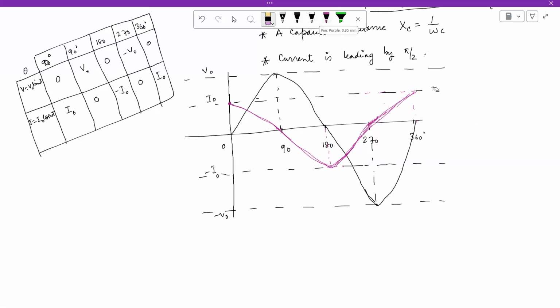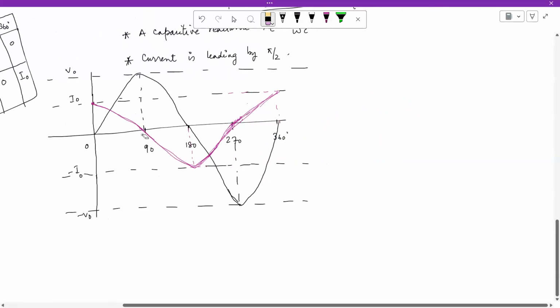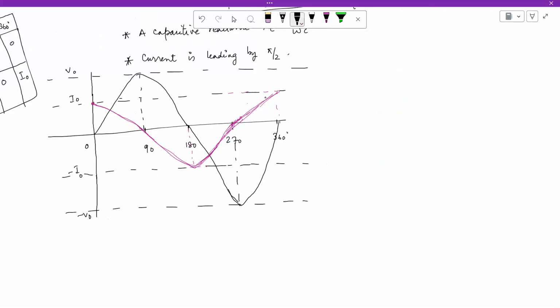Because if we plot it in a proper graph, then this would be correct. But I have these spaces, they are non-uniform, right? So that's why you can see it shaping like this. Okay, and if we draw the phasor diagram, you see that this is V naught, right?